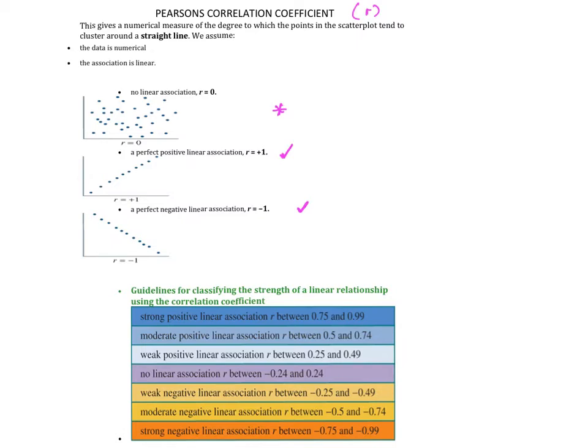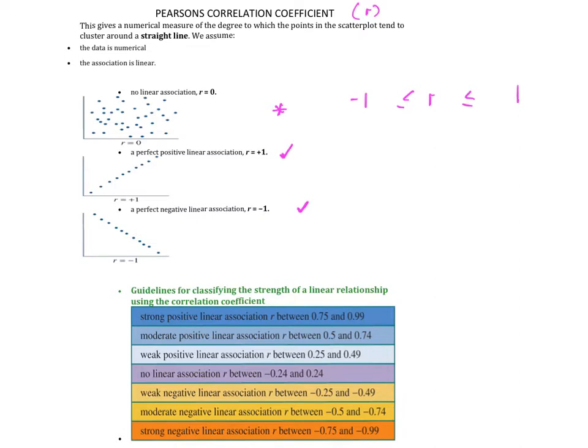We can't even see any sort of trend whatsoever, and so therefore R is equal to 0. So Pearson's correlation goes between negative 1, which is the smallest value it can be, and positive 1. It can take any value in between those boundaries.